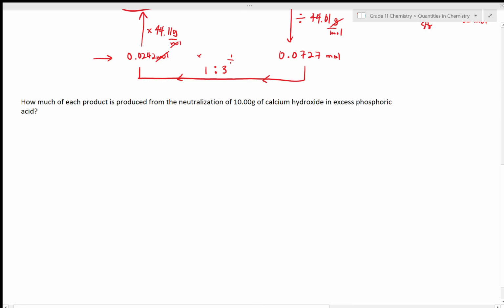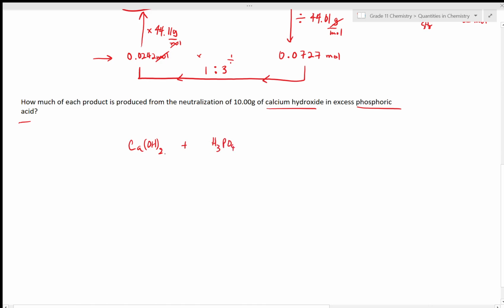It says how much of each product is produced from the neutralization of 10 grams of calcium hydroxide in excess phosphoric acid. So the question tells us that there is a neutralization reaction happening between calcium hydroxide and some phosphoric acid. So if I were to look at what the equation is, we know it's Ca(OH)2 plus H3PO4.